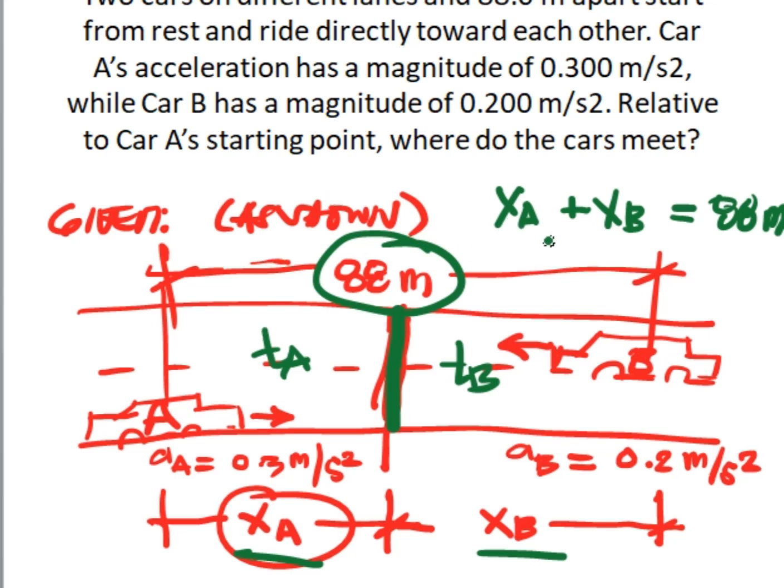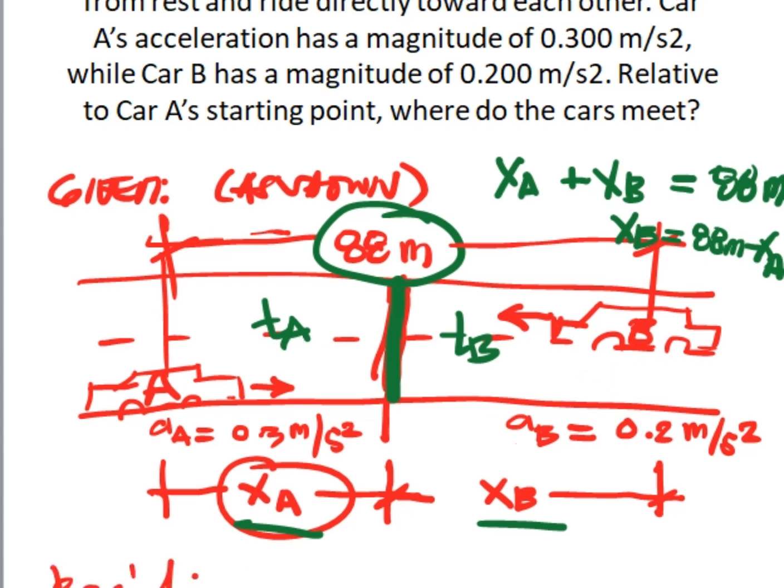Therefore, if we substitute an equation for x_B with respect to x sub A, x sub B is also equal to 88 meters minus x sub A. So let us go back to our solution.